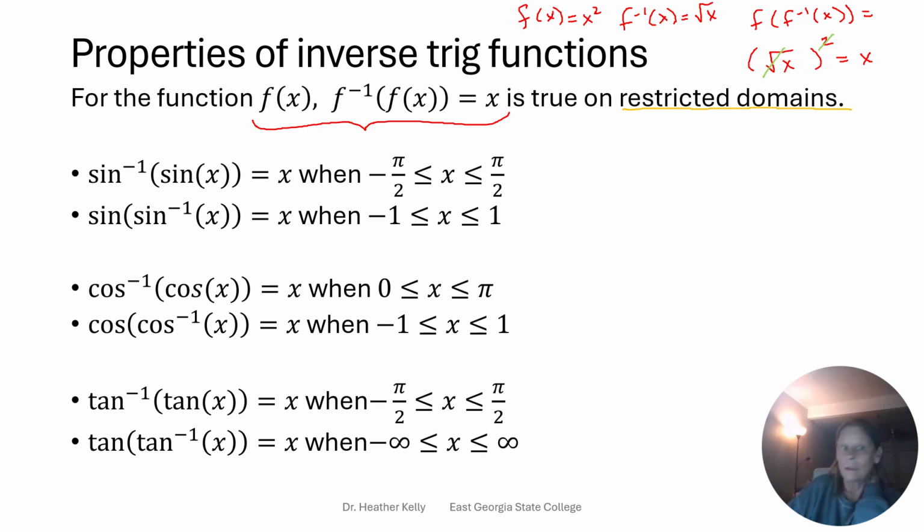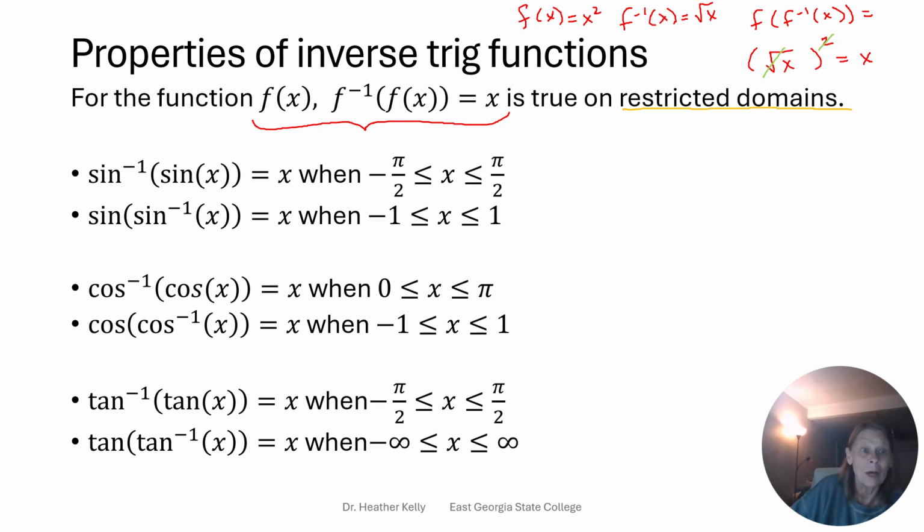So here's the list of all the restricted domains. It's basically the same thing we've already been doing, but I'm wanting to give it to you in a way that you can see it if it's the arc sine of the sine or the sine of the arc sine, because that depends on what it is. So here's the idea.